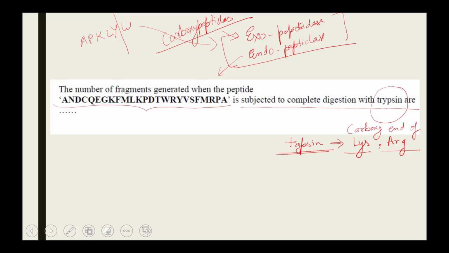So we have the structure. This is A, N, D, C, Q. You should know the one letter code for the amino acids.